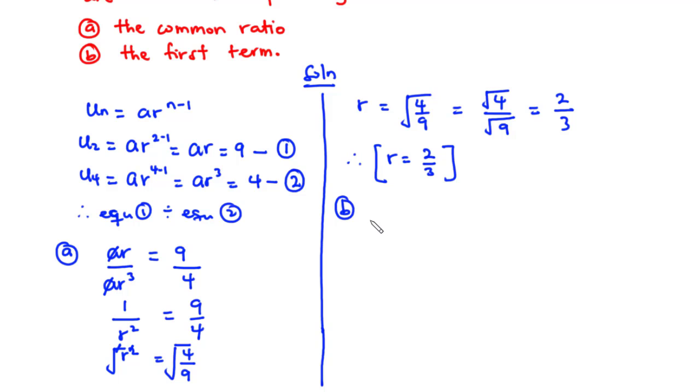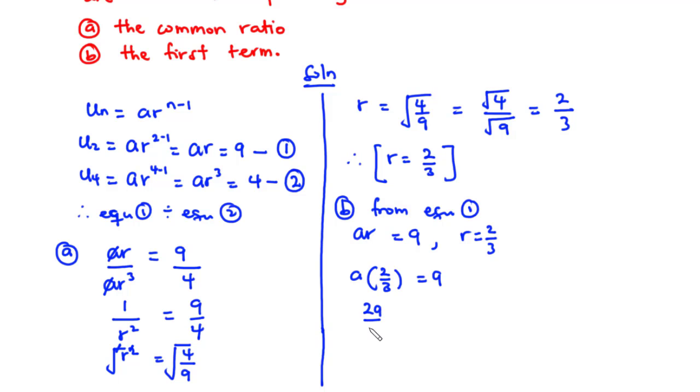Now let's find the first term. So we can use any of the two equations. So from equation 1, we have ar equals 9. Since r is 2 over 3, we substitute this value here so that we have a times 2 over 3 equals 9. This is the same as 2a over 3 equals 9 over 1.